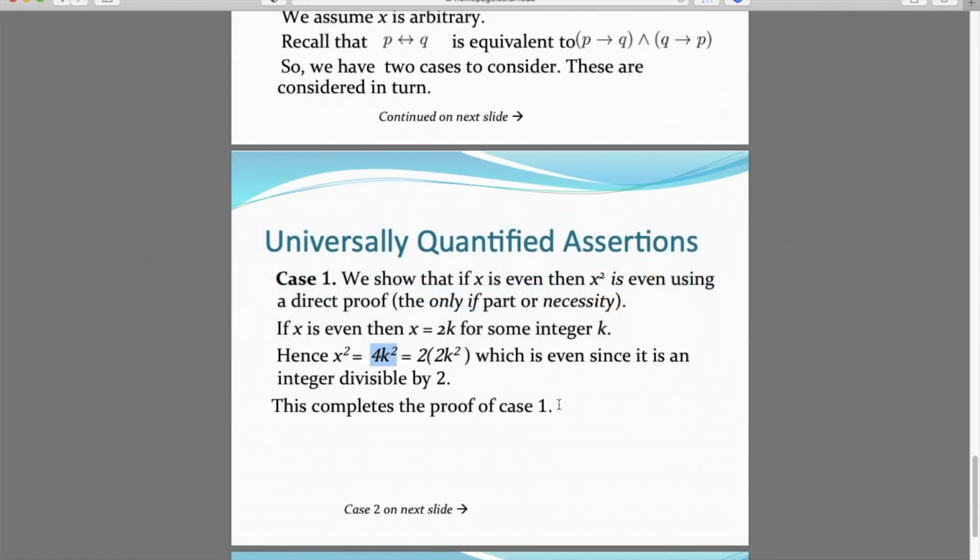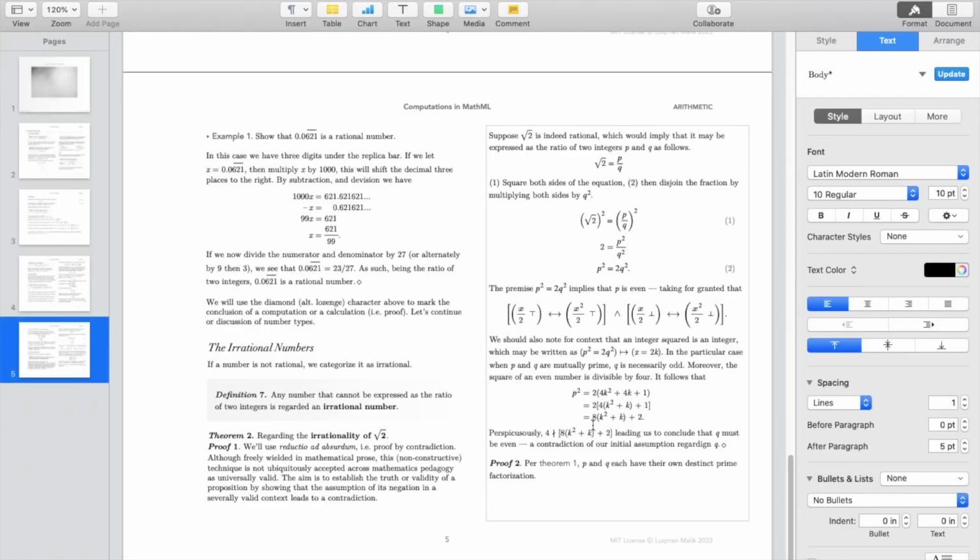We proved that up here. However, it isn't, right? We see that it isn't, meaning that division by 4 does not give us an integer or a whole number or natural number.